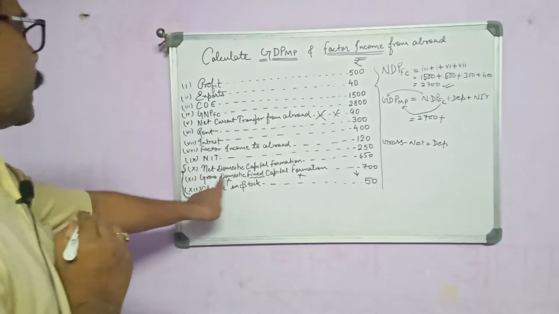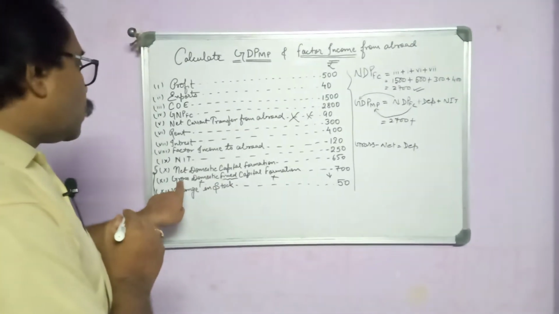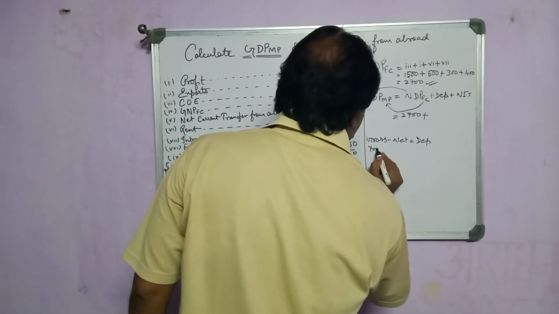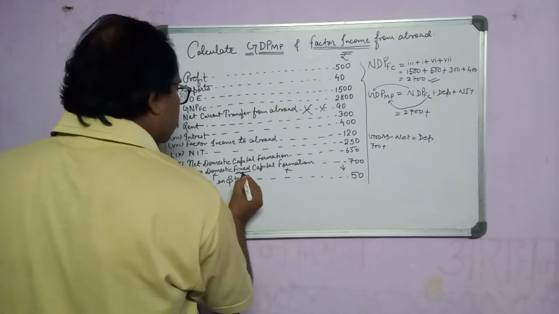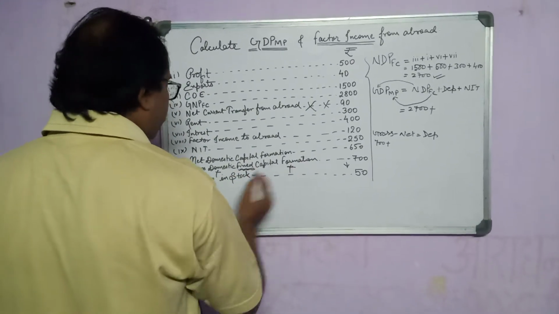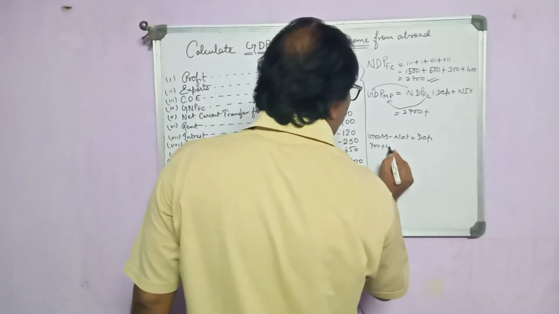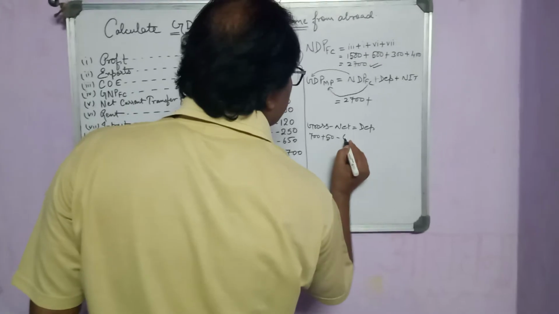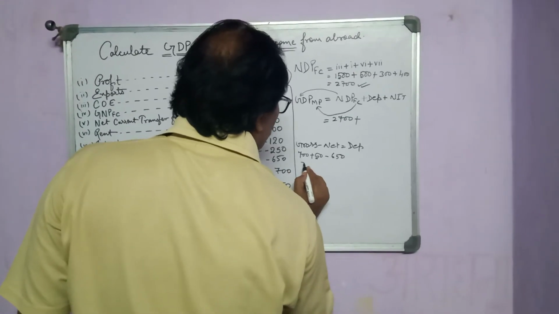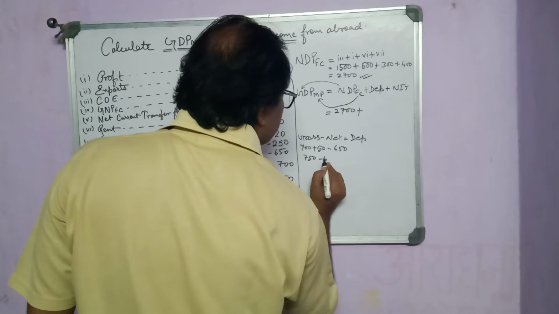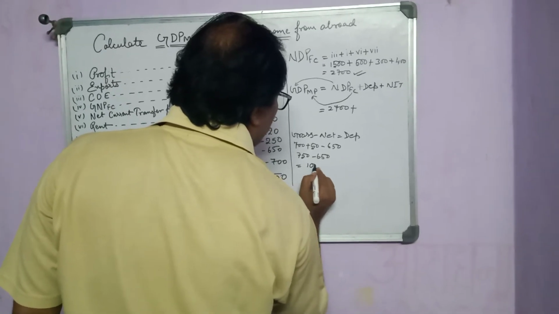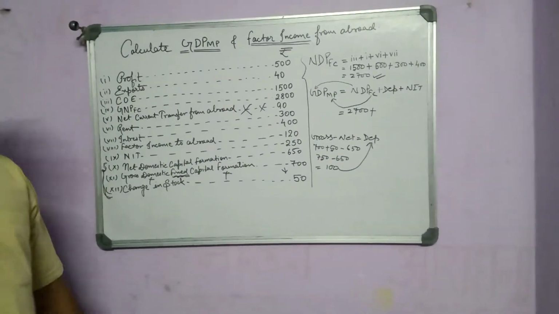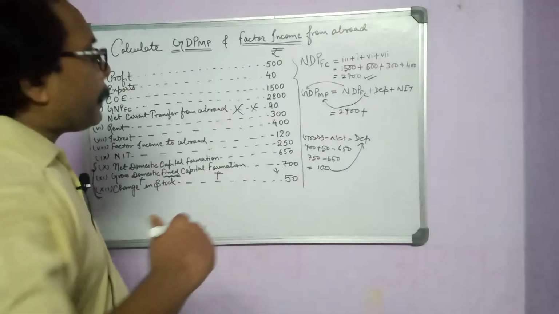Gross domestic capital formation is gross domestic fixed capital formation, that is 700, plus change in stock, 50, so 750, minus net domestic capital formation, 650. So 750 minus 650 is equal to 100, and it is our depreciation. In this way we can calculate depreciation.